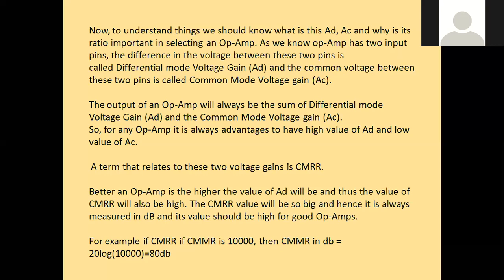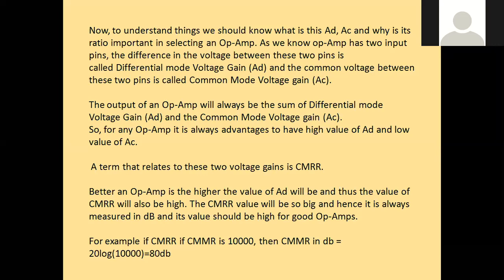So what is the unit of CMRR? The unit of CMRR is decibels. Why are we considering it in decibels? Because the ratio has two gains, one is the differential gain and another one is the common mode gain. So the unit will be in dB only. And if you want to convert the obtained CMRR, we have to use the formula 20 log of AD by AC.